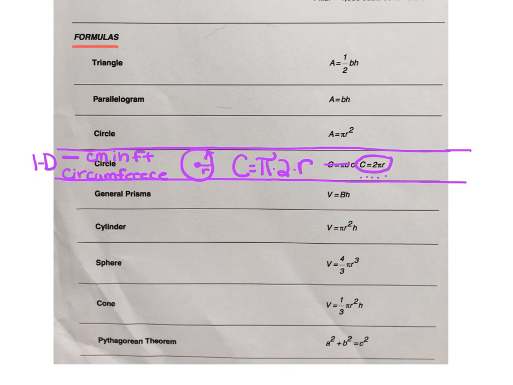Now, let's move to our 2D measurements, or in other words, area. Area measures a flat surface. It measures that flat surface in square units, not linear units.